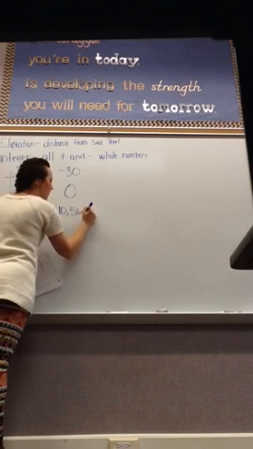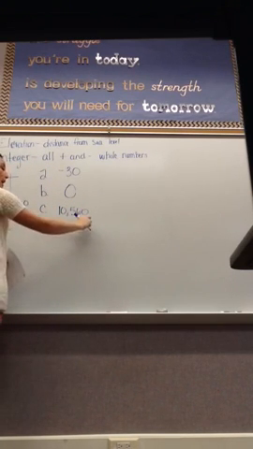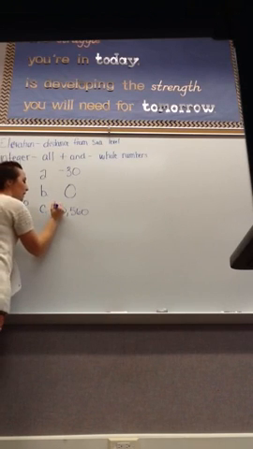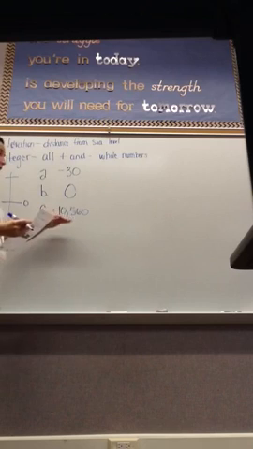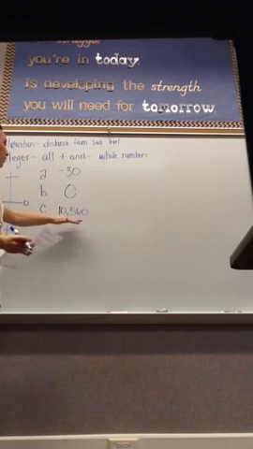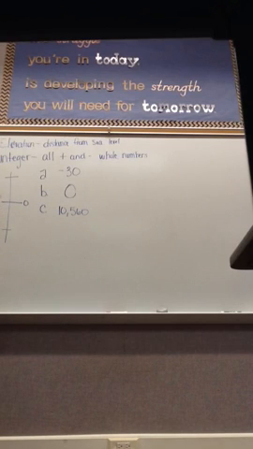So 10,560. Now, that means a positive 10,560. You can put a plus sign if you want, but this and this have the same value. They both mean positive.